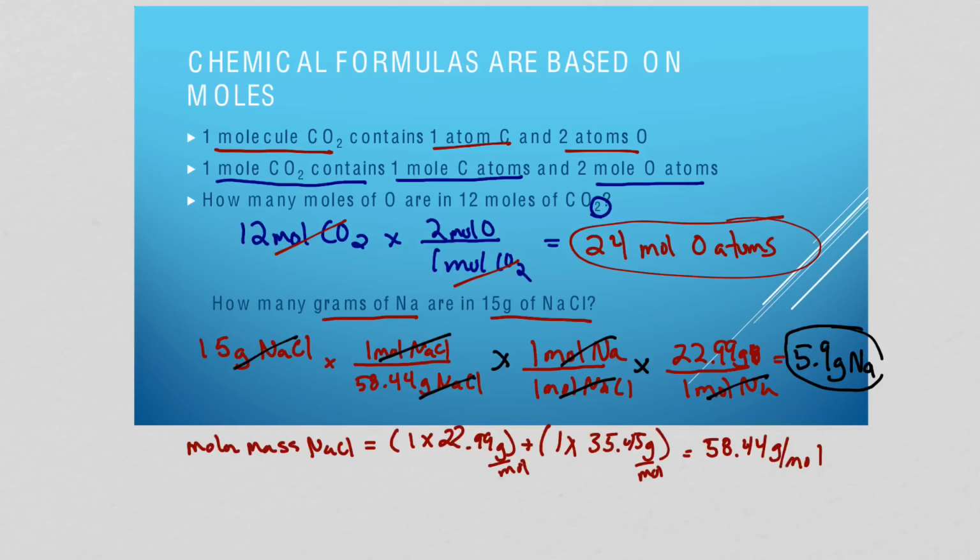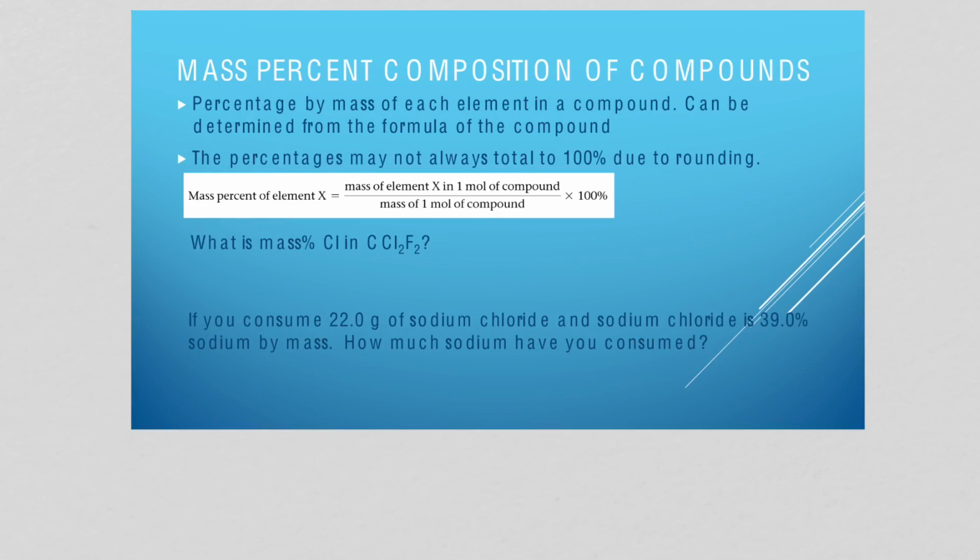So if we take these ideas of chemical formulas being based on moles of each element within that formula, and we combine it with something we talked about a little bit earlier, and that is this idea of constant composition, we can formalize this idea in something called the mass percent composition of compounds, right?